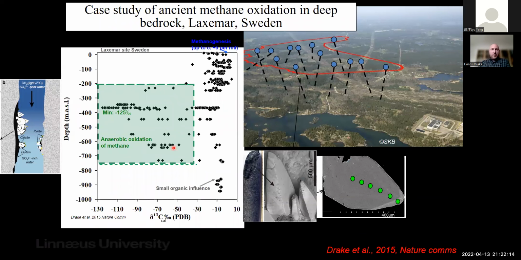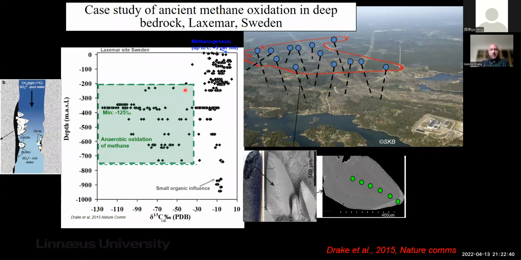So if we move into case studies of what we can find in the crust, we had this study in 2015 in Nature Communications that we use a lot of drill holes from this area that I showed in the first slide, the Laxemar area in Sweden, took crystals from a lot of depth down from the surface down to 1,000 meters and analyzed them within the crystal cross-section.